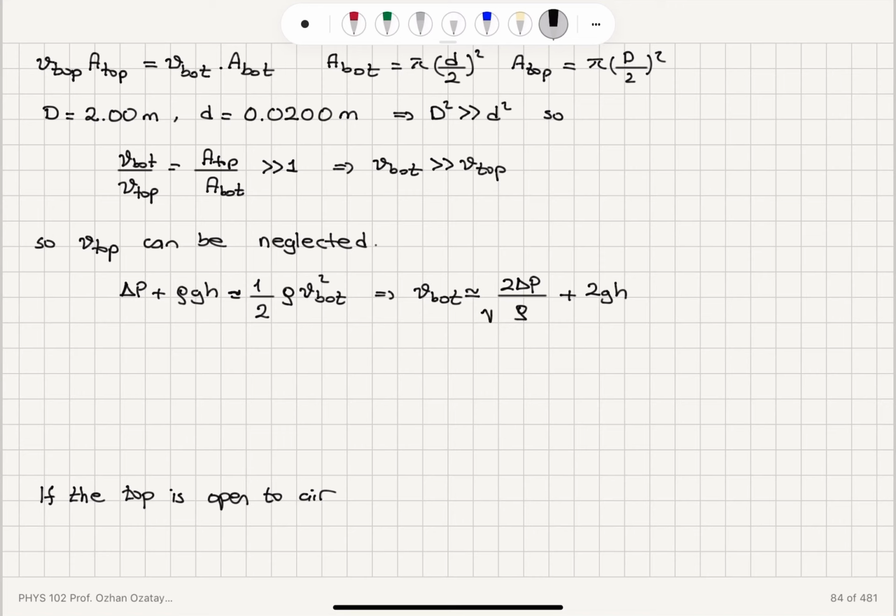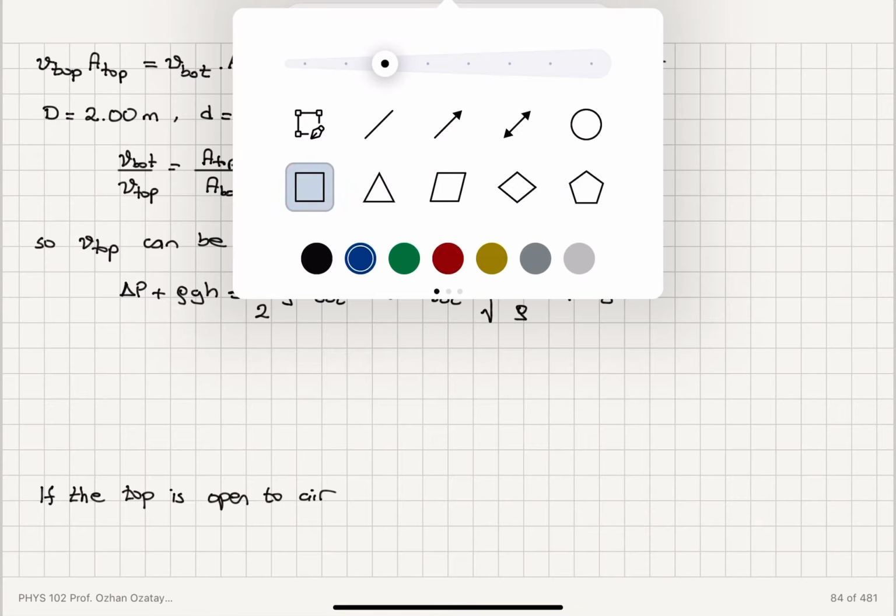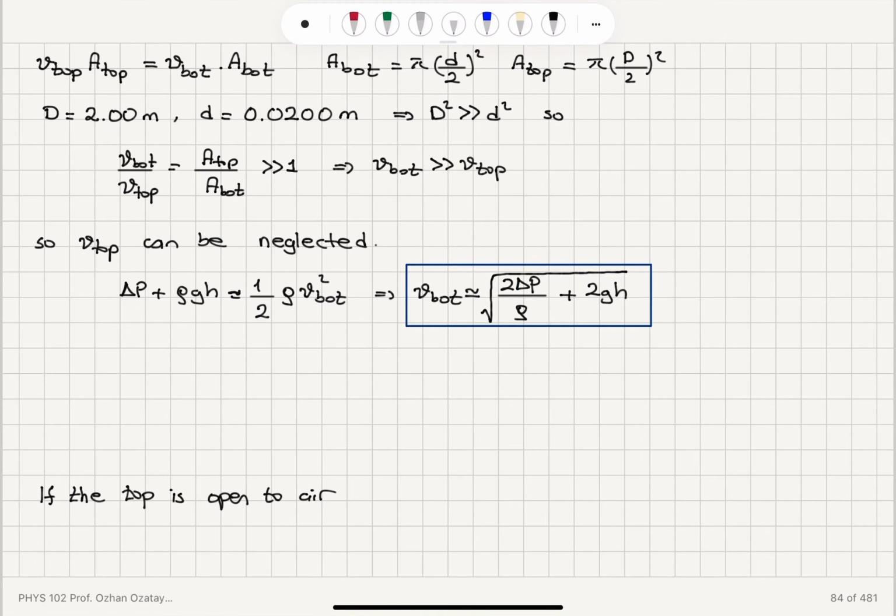I multiply both sides by 2 and divide by rho, and I obtain 2gh here, so it's in the square root. I have this symbolic result.